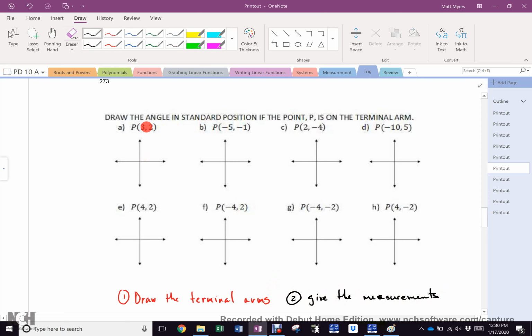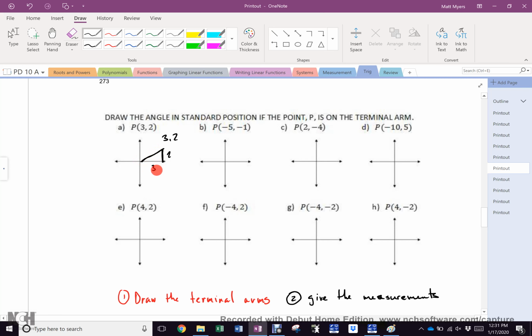3, 2 is going to be where? First quadrant. 3, 2. Agreed? There's the angle, yes? Give me the measurements. How far is this? Oh, I drew that really badly. How far is this? How far is this? What's 3 squared?